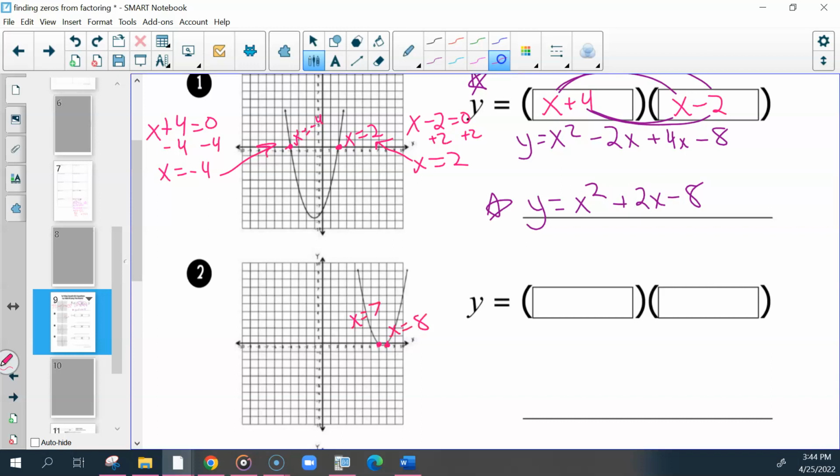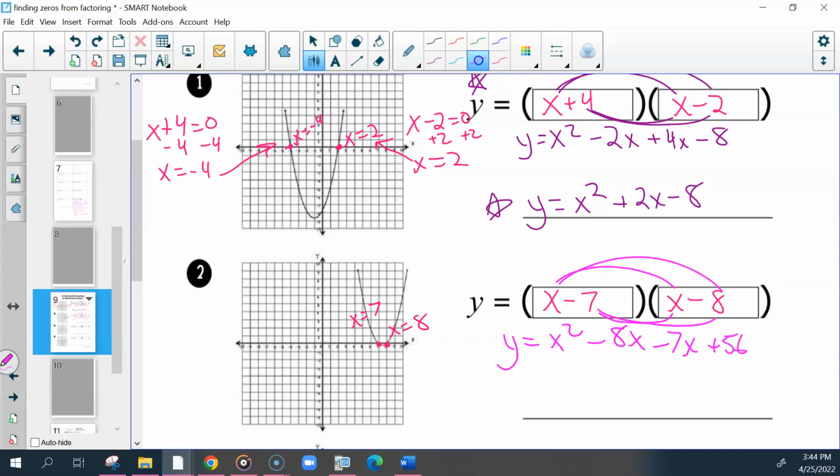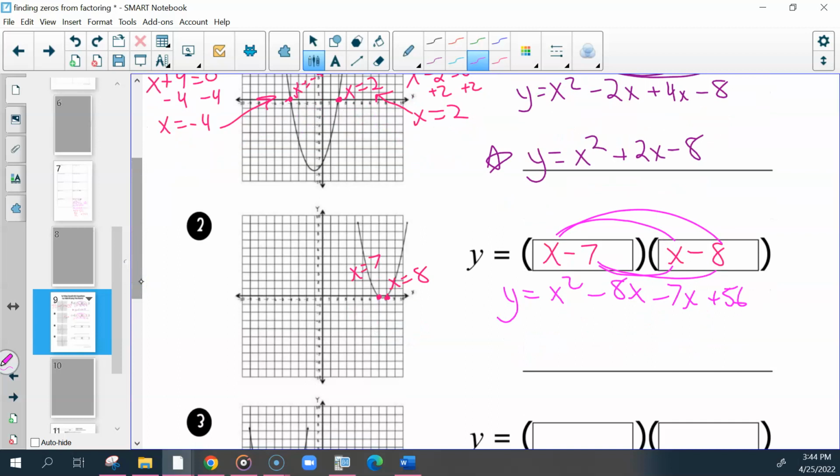So since they're both positive on the graph, they will be x minus 7 and x minus 8. So then when we multiply those out, we have x squared minus 8x minus 7x plus 56. And then combine our like terms. We have y equals x squared minus 15x plus 56.